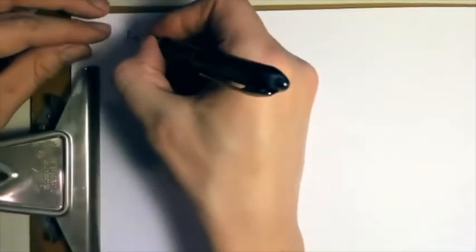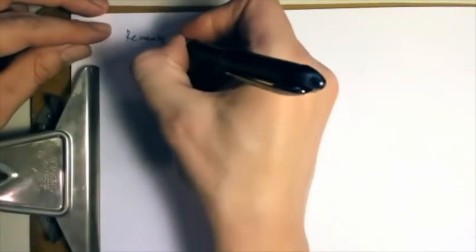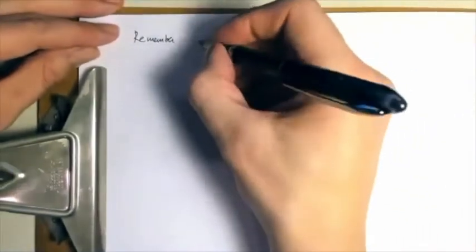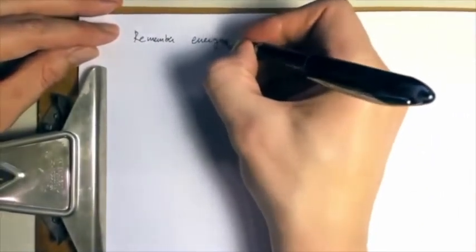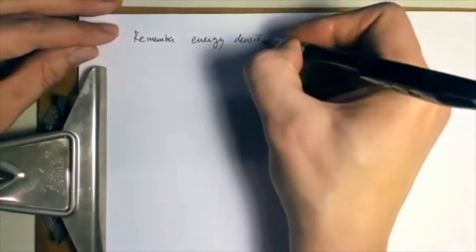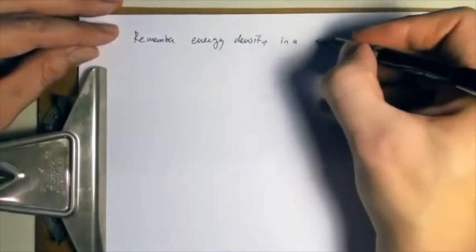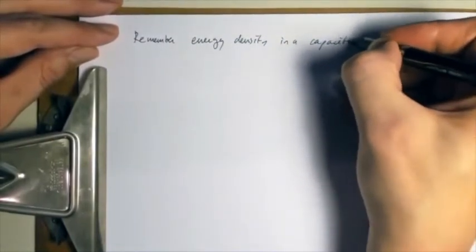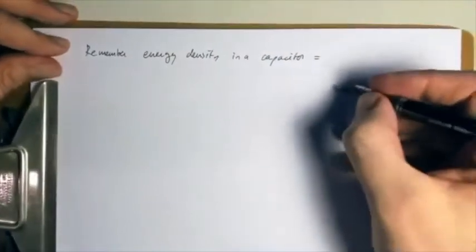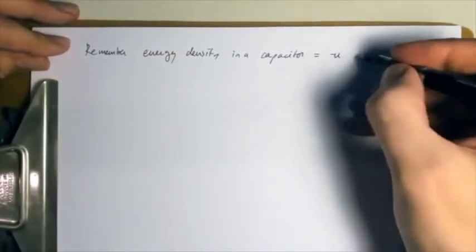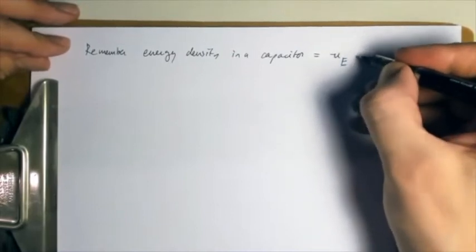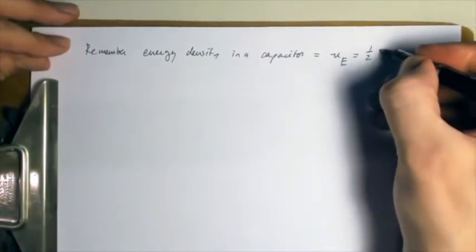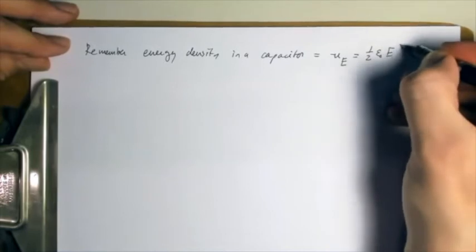Let's talk about energy density. So remember that we had the energy density in a capacitor was some kind of a u, and it's a lowercase u, sub E, and it was 1/2 epsilon naught E squared.